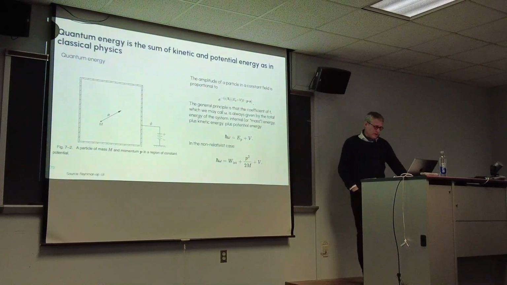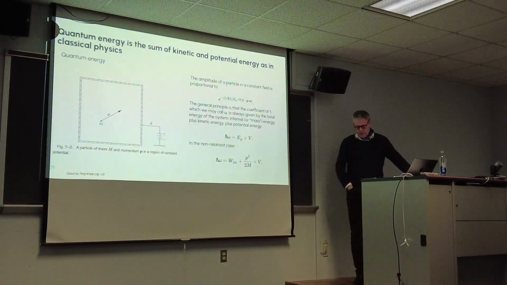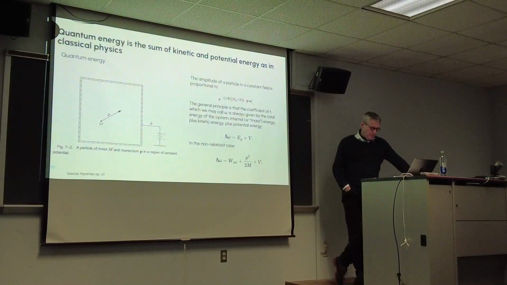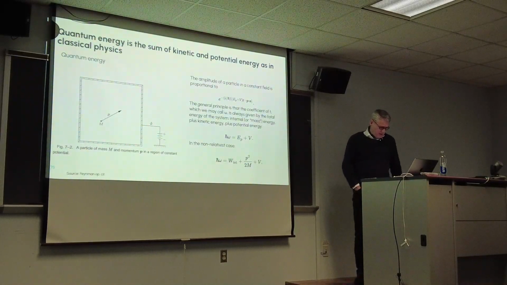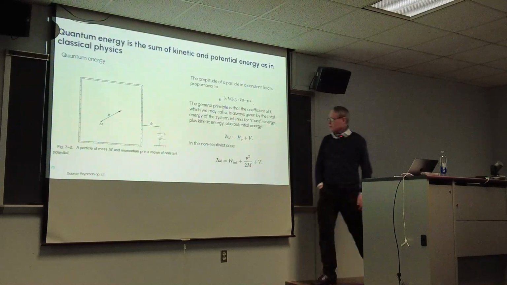So we've seen at the beginning this morning that the Hamiltonian, which describes the energy of the particle, is the sum of the potential energy and the kinetic energy. And so the amplitude of a particle in a constant field is proportional to this number here, of this equation.